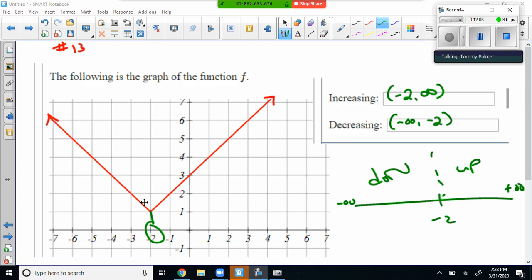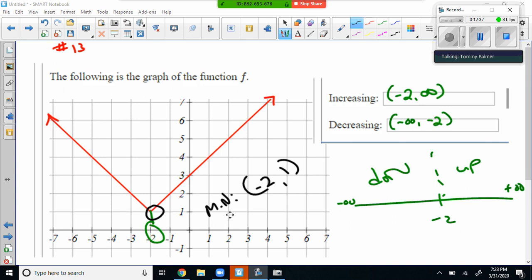Would this be a maximum here or a minimum? What would its value be? There you go. So they can ask you, say, minimum, and they can give you an ordered pair, which would just say, okay, you fill that in, right? Because it's right there, -2, 1.